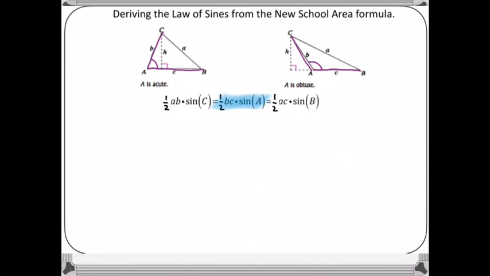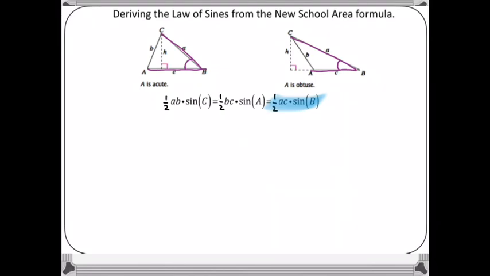And the last one uses angle B as the included angle between A and C. All those are equivalent statements, and all of them will give us the exact same solution for the area of those triangles.